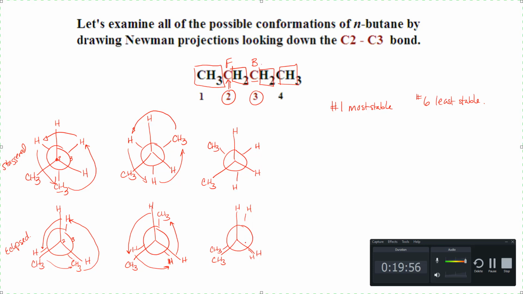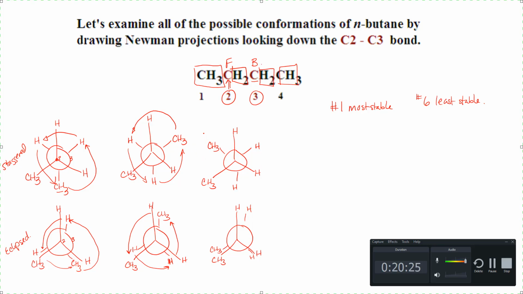Okay, I cannot think of an example where the least stable staggered is more unstable than the most stable eclipsed. And at this point I usually joke and I'll say, and when I find that problem, it'll be on the exam. But it doesn't happen that way. So number 1, number 2, and number 3 will come from the staggered.